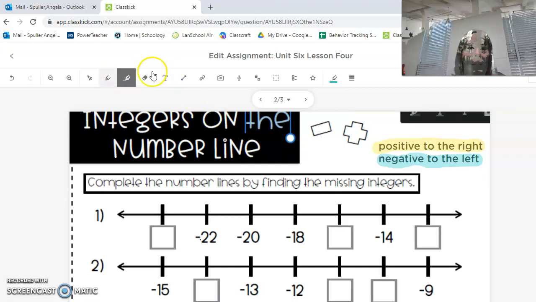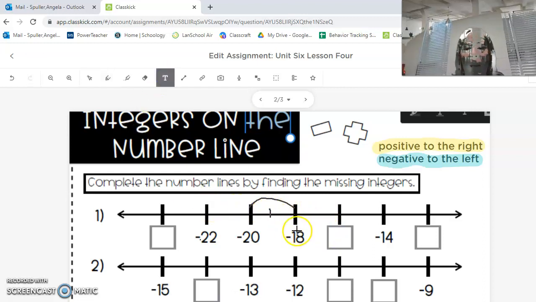All right, so let's see if we can figure out what the missing integers are. So first I've got to figure out what they're counting by. Well, I can see that they jump from 18 to 20. That's two numbers in between. So negative 19 would have been right here. So I have to jump by twos, right?